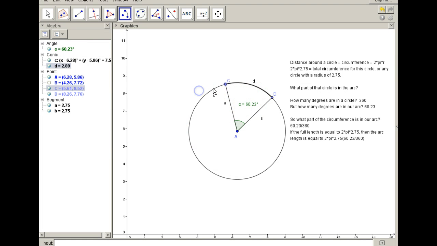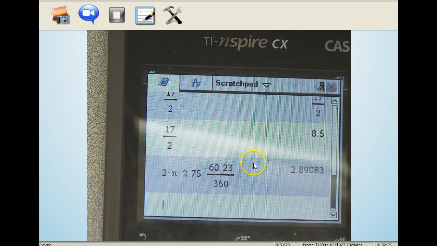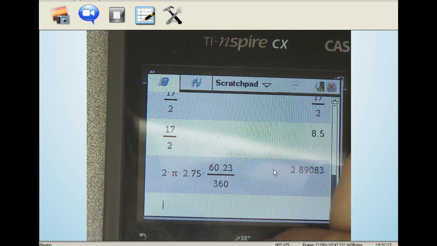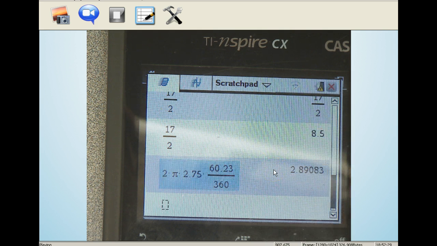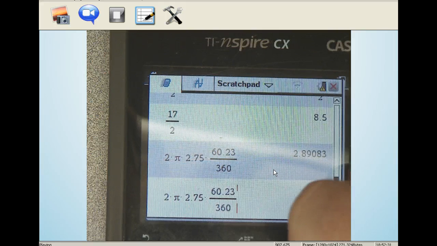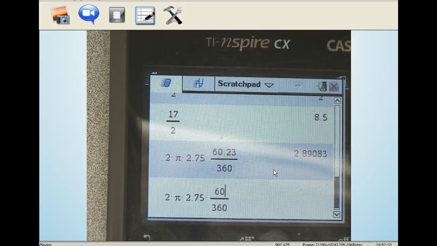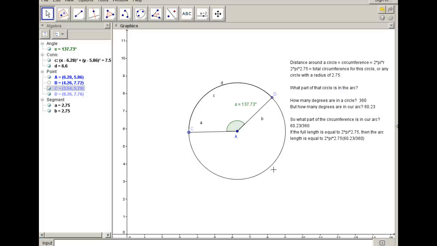But now I can adjust this, and all I need to do to calculate the new length of D is change this part of the formula. So let's go back up here. Sorry, bring that down. And my new arc length, if I take away 60.23, it now represents what part?